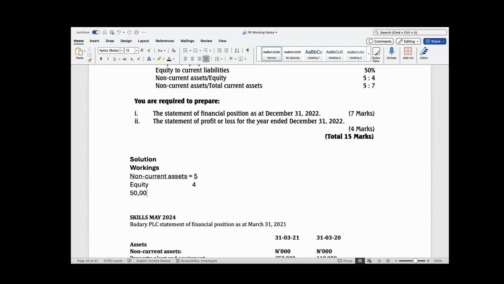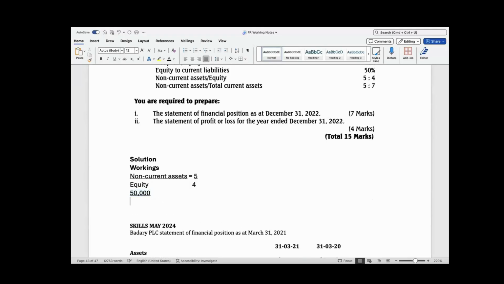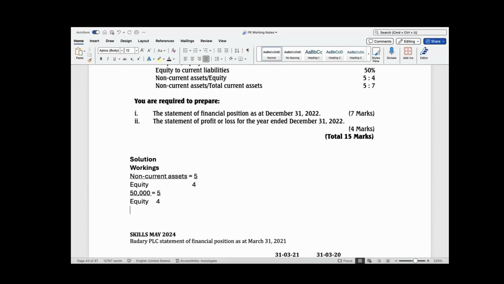So 50,000 all upon equity equals 5/4. If I cross multiply, 50,000 times 4 is 200,000, equals 5 equity.